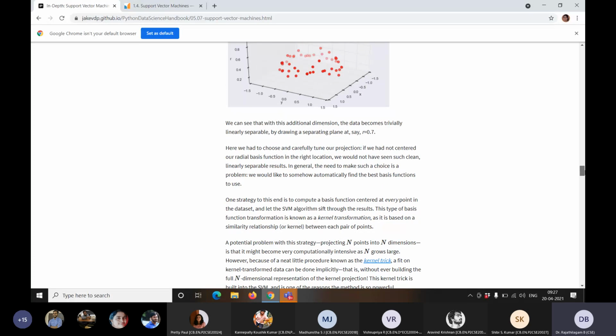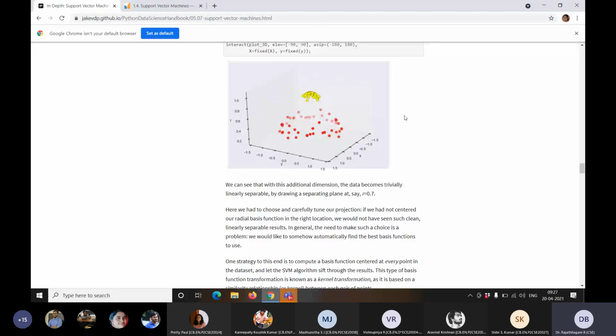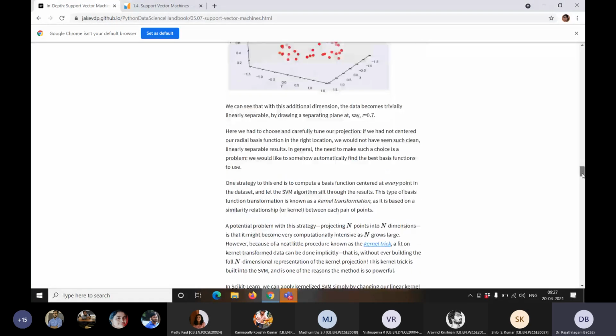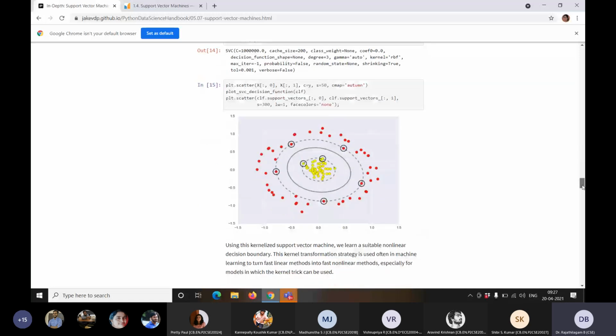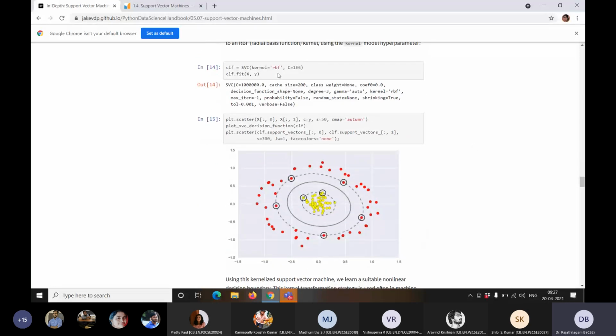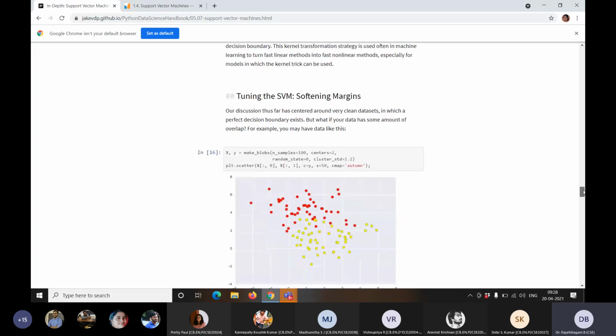The plot for 3D is also available with matplotlib, so you can visualize the data set. The example used here is the radial basis function kernel. We will look into the details of what kind of functions are available for nonlinear kernels. Using this, they are able to get the margins as well as the decision boundary.